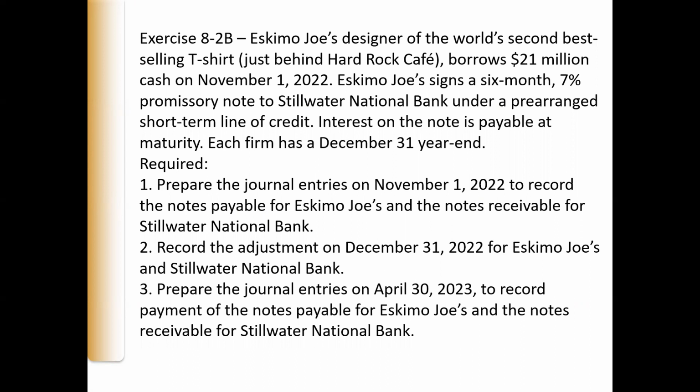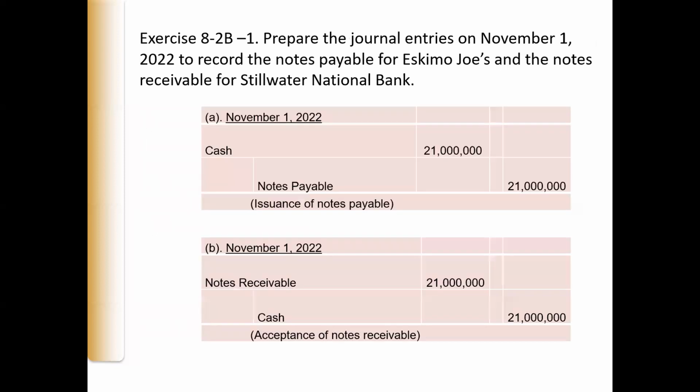Interest on the note is payable at maturity. Each firm has a December 31st year end. We're going to prepare the journal entries to record the note for both sides, for the adjustments we're going to do on December 31st, and then paying it on April 30th.